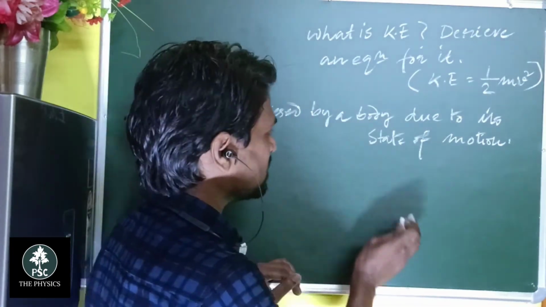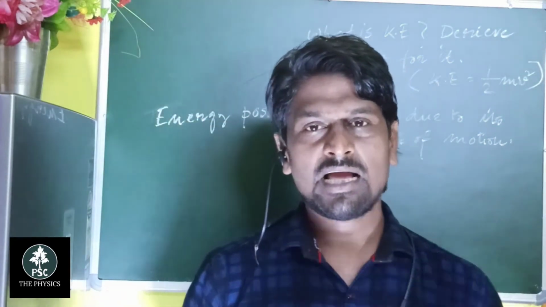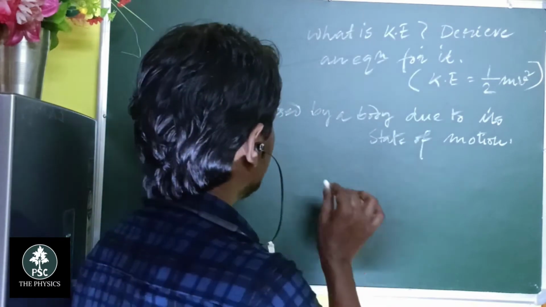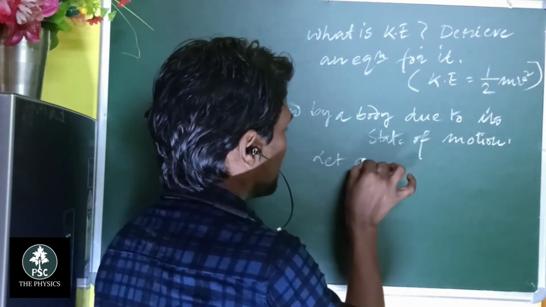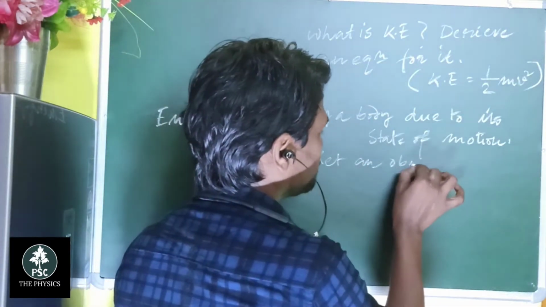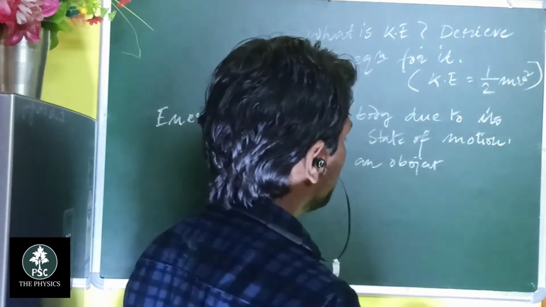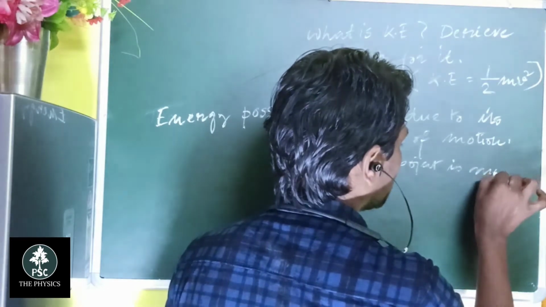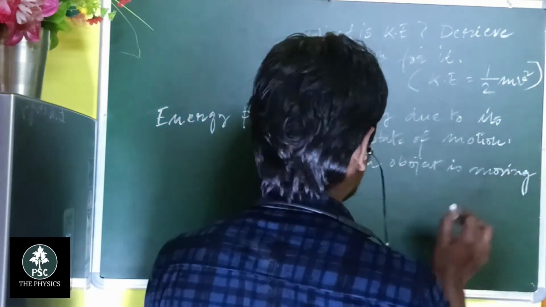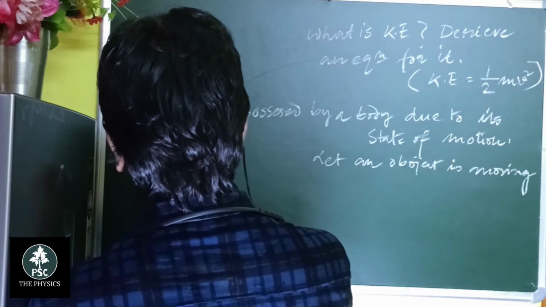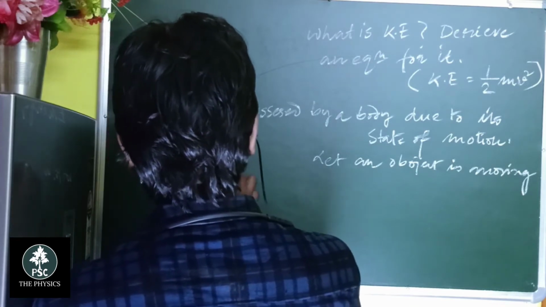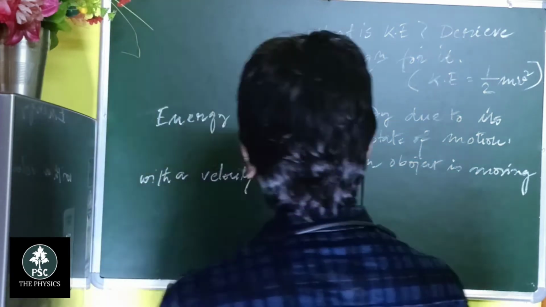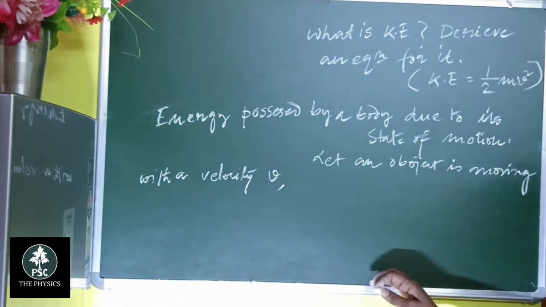Students, think that an object is moving with some velocity v. So this is the initial velocity.